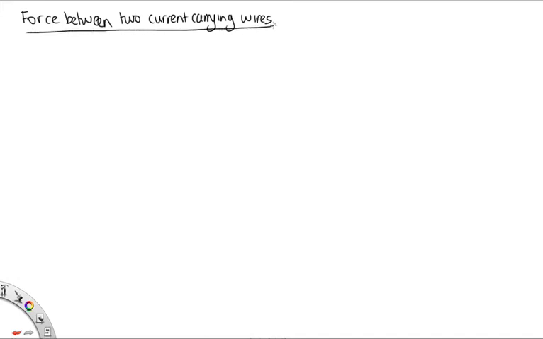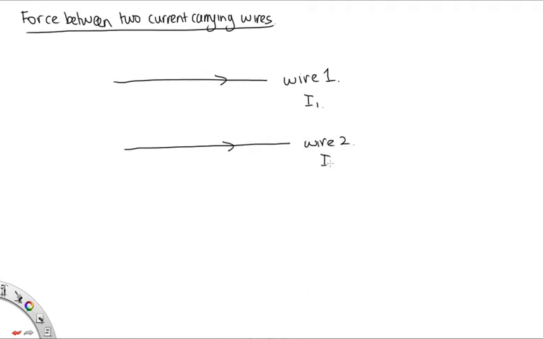What we're going to look at now is the force between two current carrying wires. We're going to imagine that we have wire 1, which is carrying a current I1 and we have wire 2 carrying a current I2.